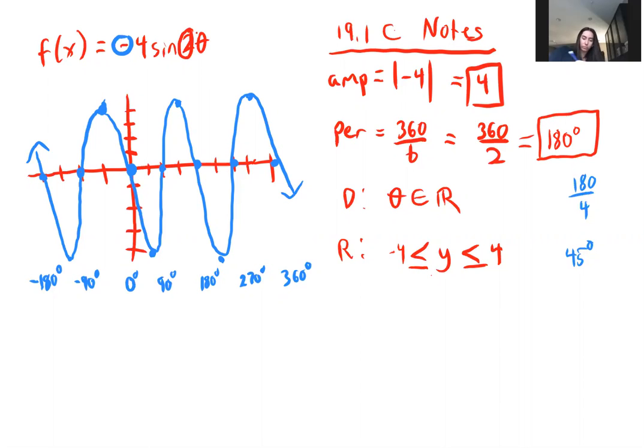So coming over here, let's see if we can do. Okay, so clearing this out. So for the next one, we have g of x, we're going to the right.